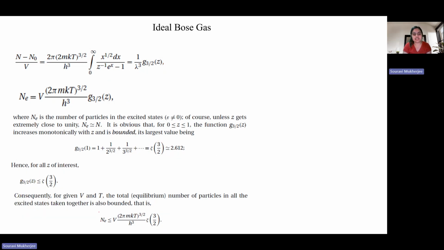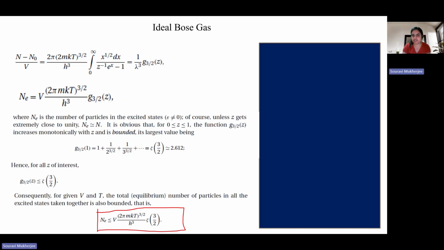So this is the maximum number of particles that can be there in the excited states. Now two cases can arise.